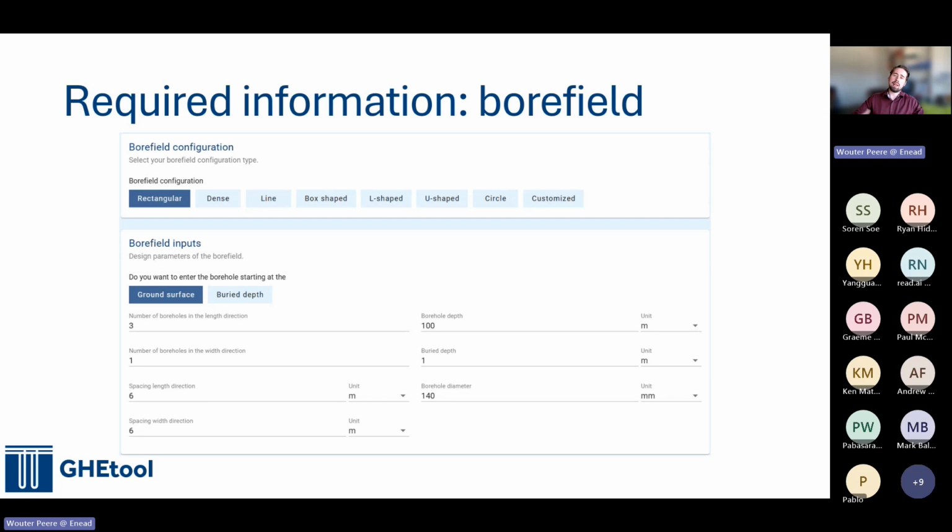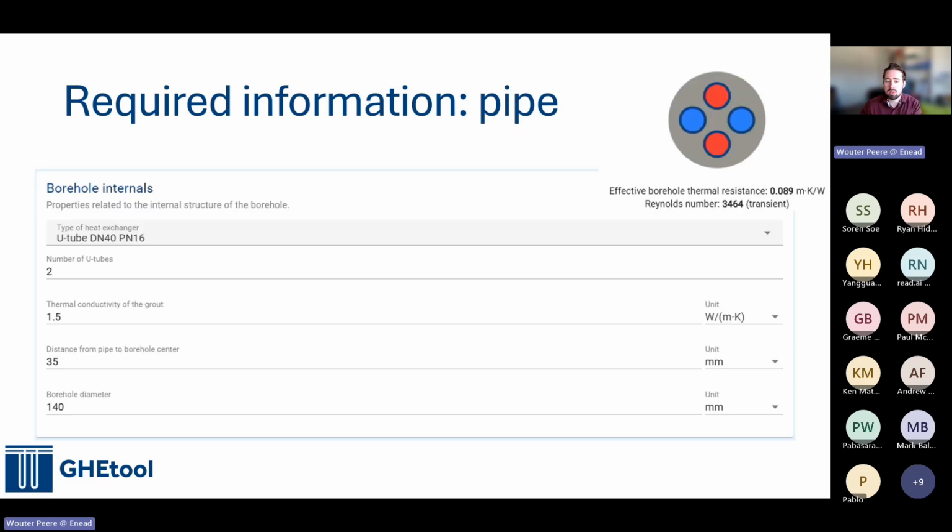Next, we need to design our borefield. We can do that with quite a lot of options. Here I just put 3 boreholes next to each other, 100 meters deep. Once we have selected our design, we need to select what's going into the system.